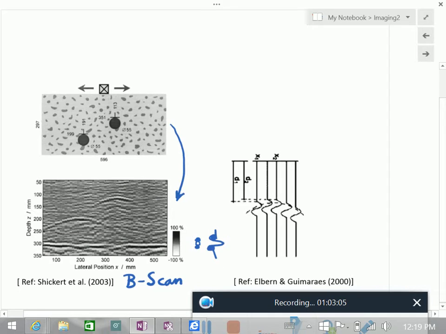So this is a B scan. Good question. We talked about this last time. We can see the signatures from the two holes, and we see the back wall reflection. These are the terms we use: back wall reflection and signatures.